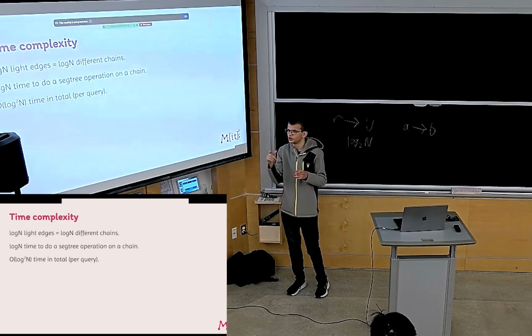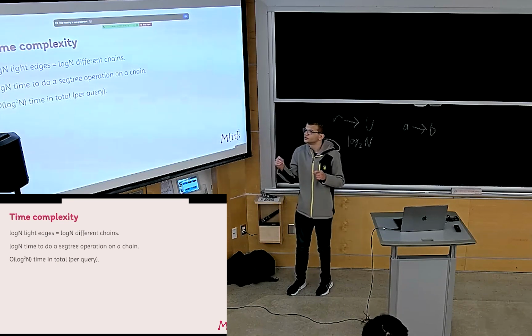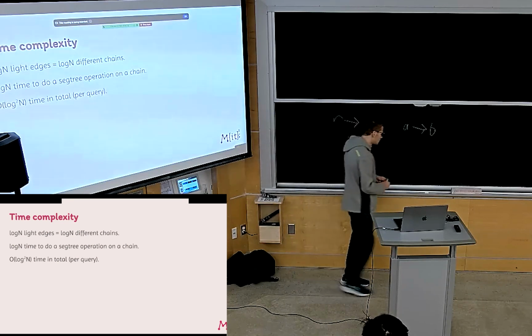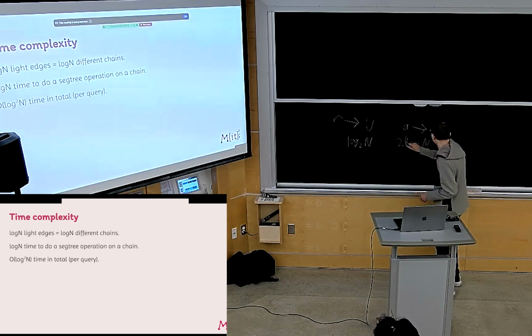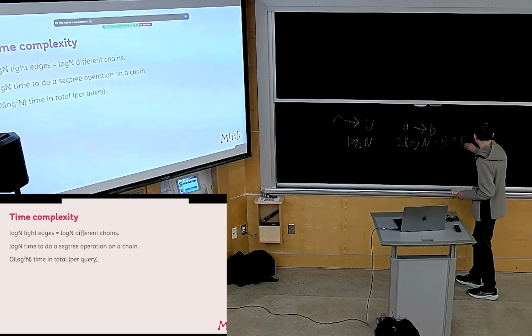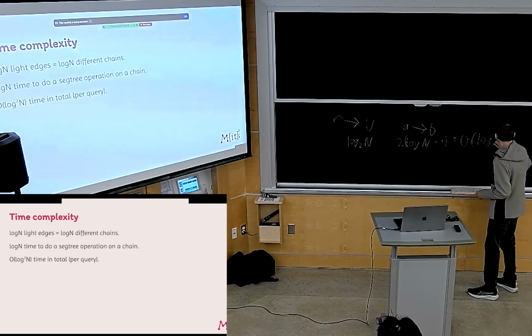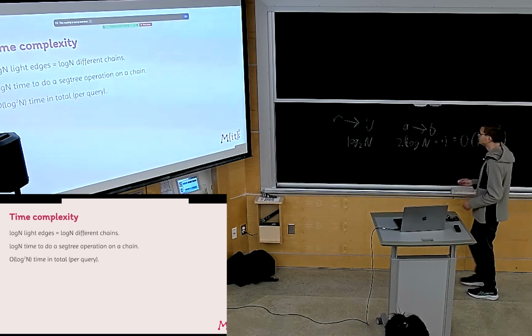2 times log n is also still O of log n. So what this means is that on the path from A to B, we will have something like 2 times log n plus 1 equals O of log n different chains.